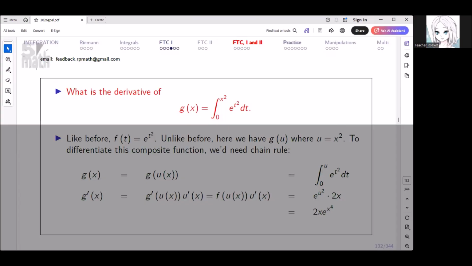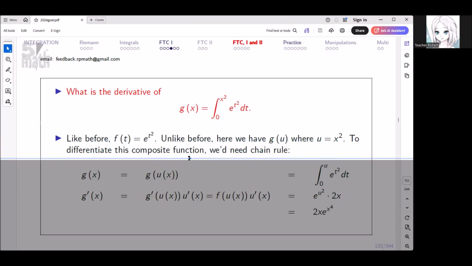What is the derivative of g of x equals integral 0 to x squared e to the t squared dt? Like before, f of t equals e to the t squared. Unlike before, here we have g of u where u equals x squared. To differentiate this composite function, we'd need chain rule.